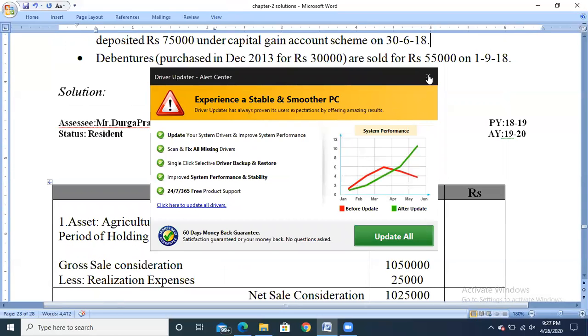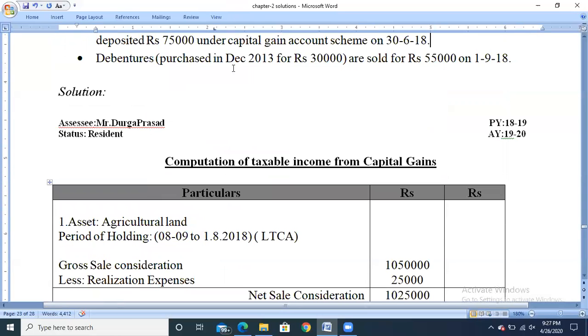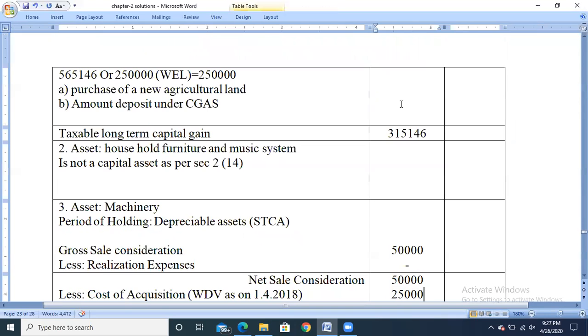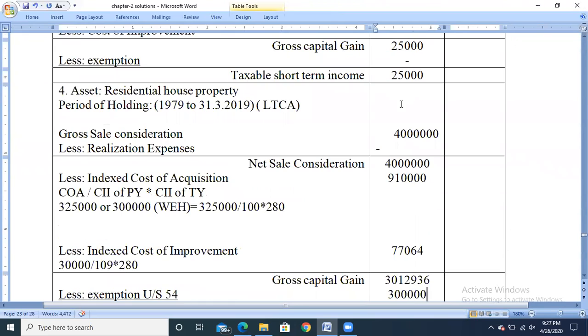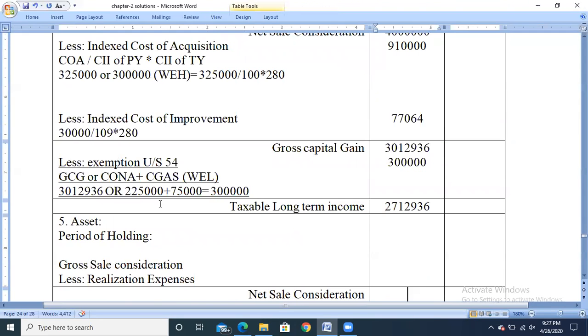debentures, purchased in December 2013 for rupees 30,000 and sold for rupees 55,000 on 1/9/2018, that is in the previous year. So first take the asset, debentures.